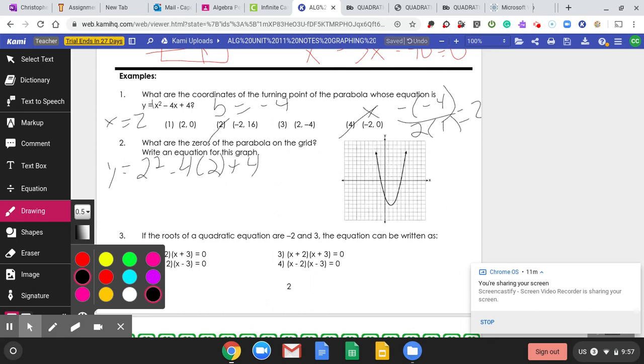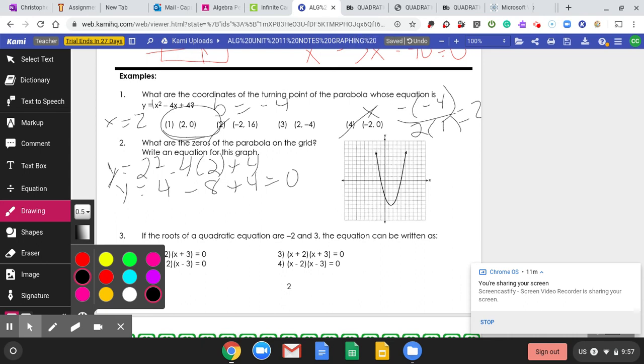Let's figure it out. 2 squared is 4, and then this would be negative 8. So 4 minus 8 plus 4. Well, that's negative 4 plus 4, which is 0. So my final answer is 2 comma 0. And that's how you would figure it out mathematically.